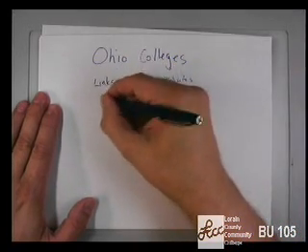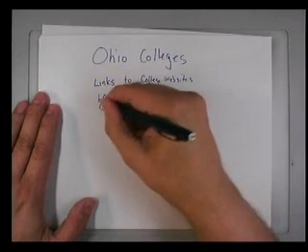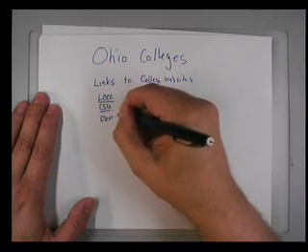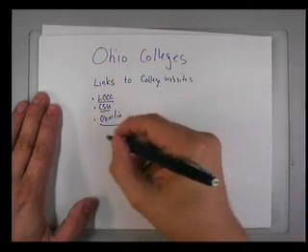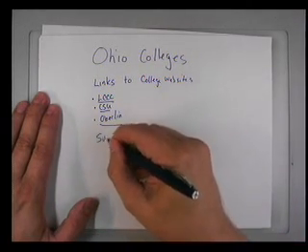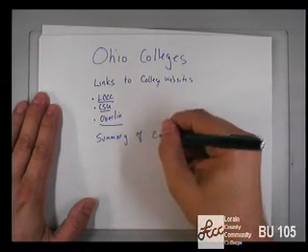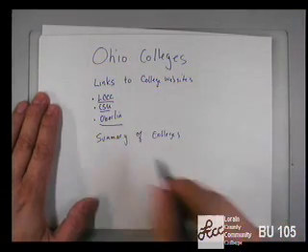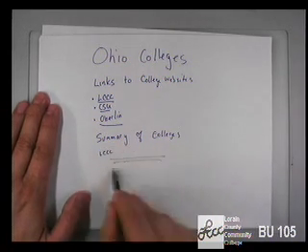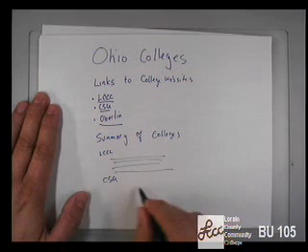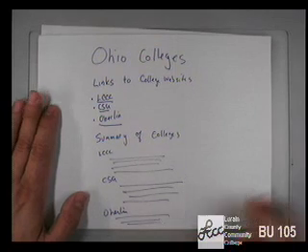And then I might have a list of links, one to Lorain Community, one to Cleveland State, and one to Oberlin, let's say. Then I might have a summary of colleges, maybe. And then I might have LCCC, and then a paragraph about LCCC, CSU, then a paragraph about CSU, finally Oberlin, and then a paragraph about that.